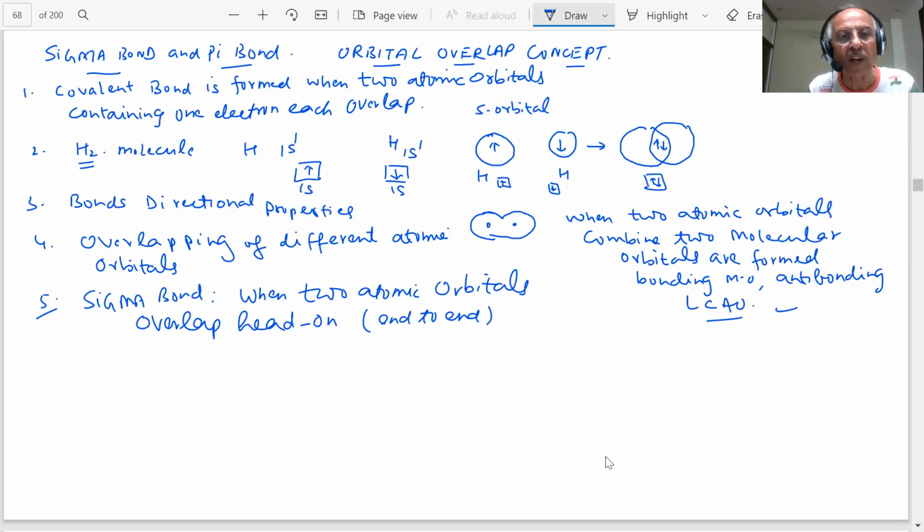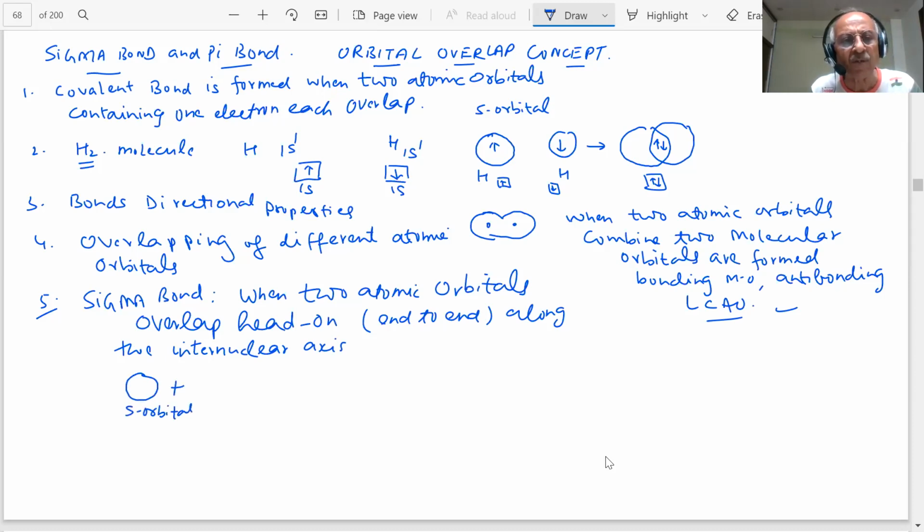When the two atomic orbitals overlap head-on or end to end, along the internuclear axis, that type of bond is called, student, a sigma bond. For example, when I showed you the s orbital, this is my s orbital, and there is another s orbital.